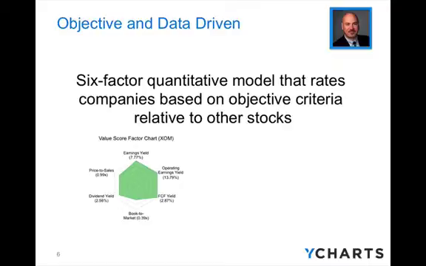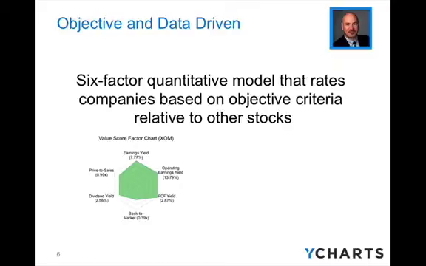The 6 factors are earnings yield, operating earnings yield, free cash flow yield, book to market, dividend yield, and price to sales. Now these radar charts are a little difficult to read at first, but basically when a value is high, it will be further from the center of this chart.